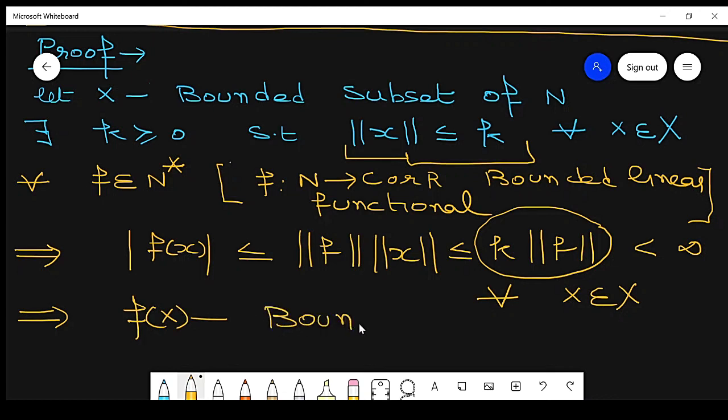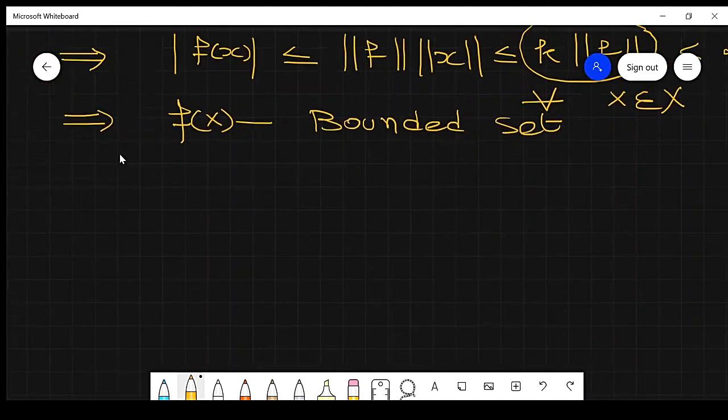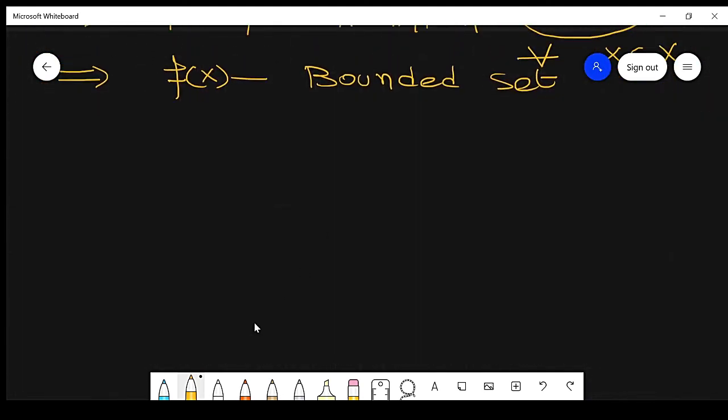The first part is complete, because we want to prove the if and only if statement: if X is bounded, then f of X is a bounded set.